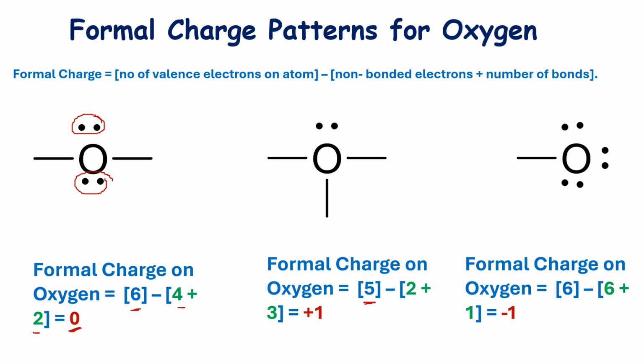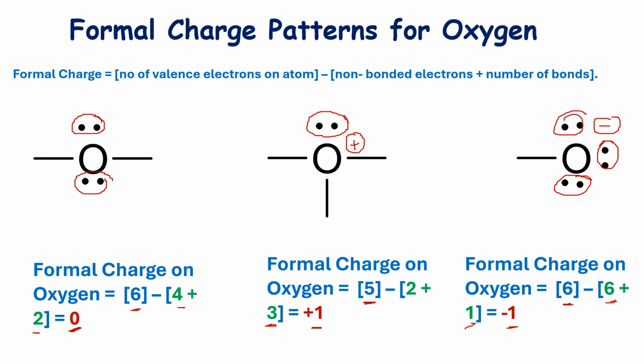With 5 valence electrons, 2 non-bonding electrons and 3 bonds, the formal charge is +1. With 6 valence electrons, 6 non-bonding electrons as you can see here, and 1 bond, the formal charge is -1.